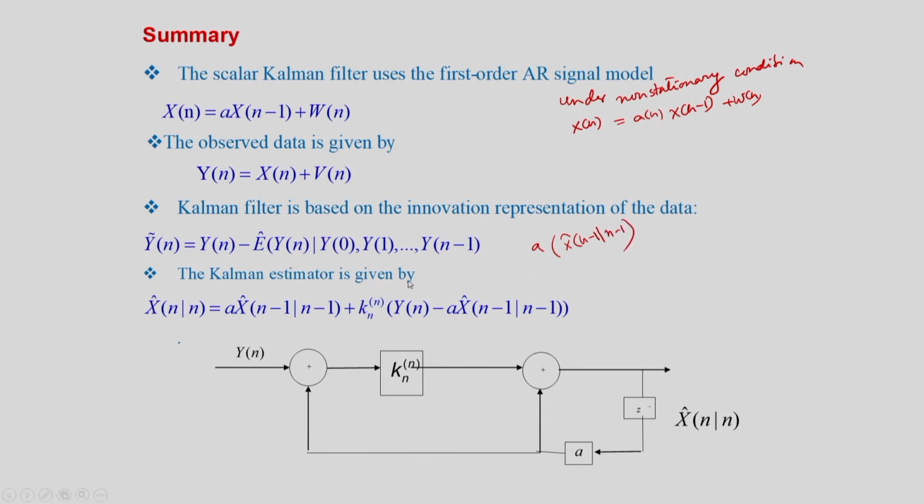The Kalman estimator is given by x hat at n given n is equal to A times x hat at n minus 1 given n minus 1, that is the estimator at the previous instant, plus the Kalman gain K n times the innovation, y n minus A times x hat at n minus 1 given n minus 1.